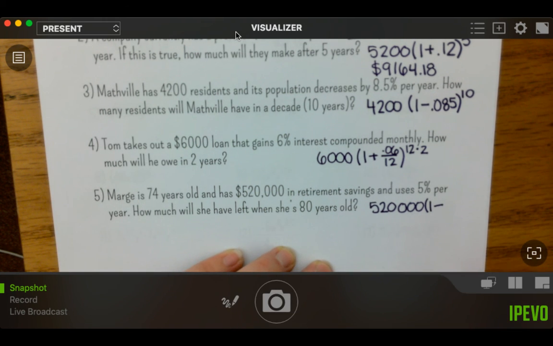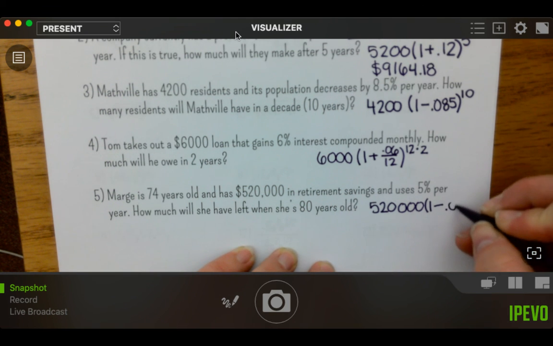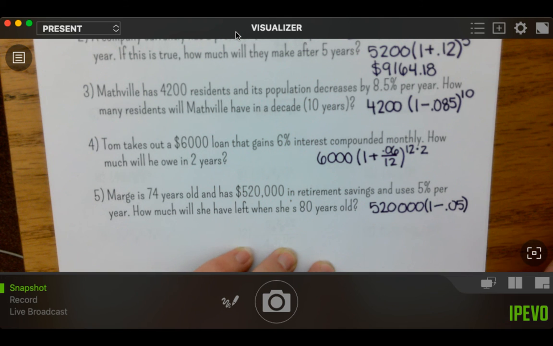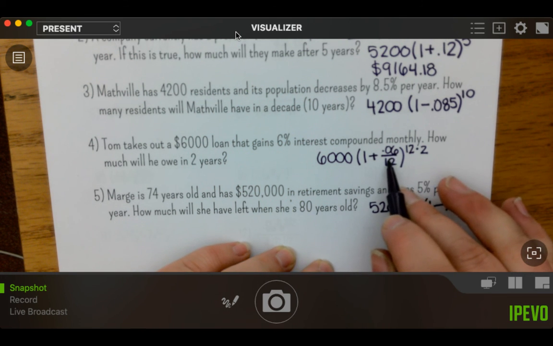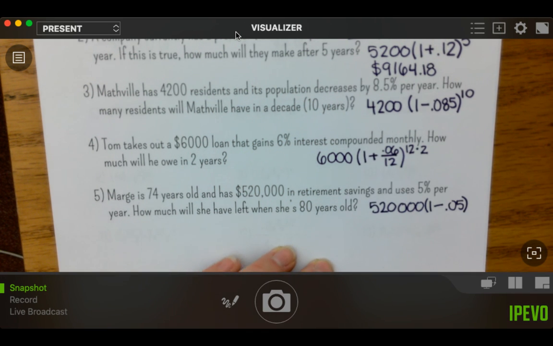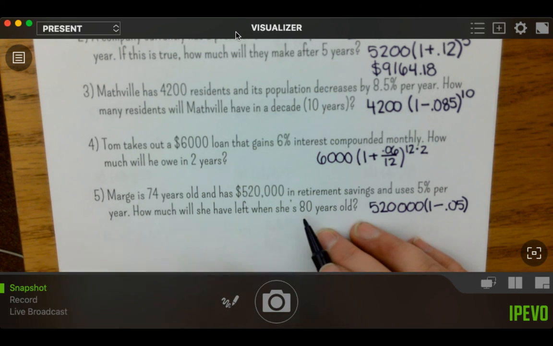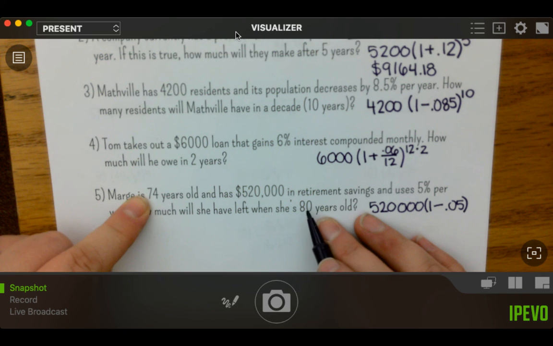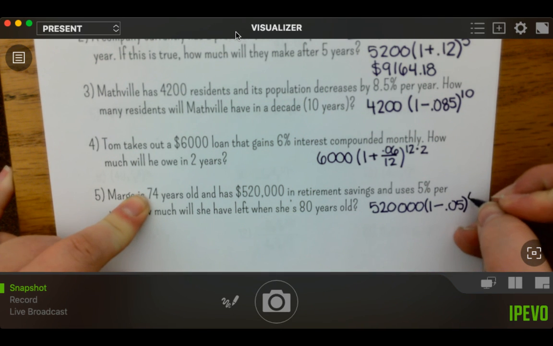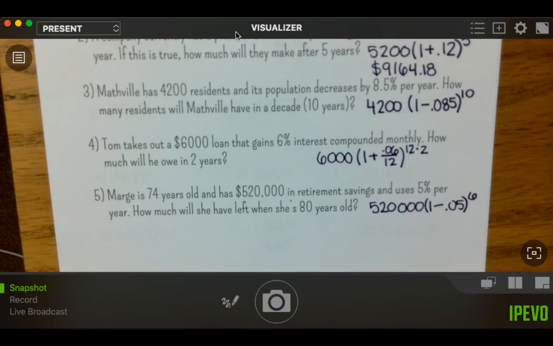And then just like in example 1, 5% is 0.05. You don't have to divide it like this because it doesn't say compounded. And then it wants to know how much is left when she's 80. She's 74 now. 80 will be in 6 years. And type that into your calculator.